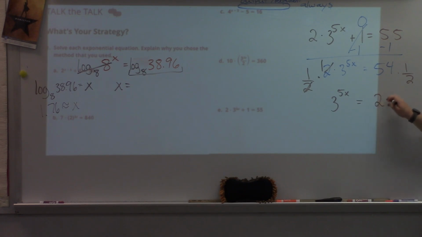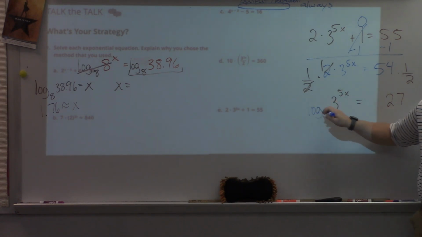And so at this point, when I have just an exponential, I can convert to a logarithm, but I've been using inverses. When I have a variable in the exponent on its own, I'm going to use a logarithm. What base do I need on this logarithm?